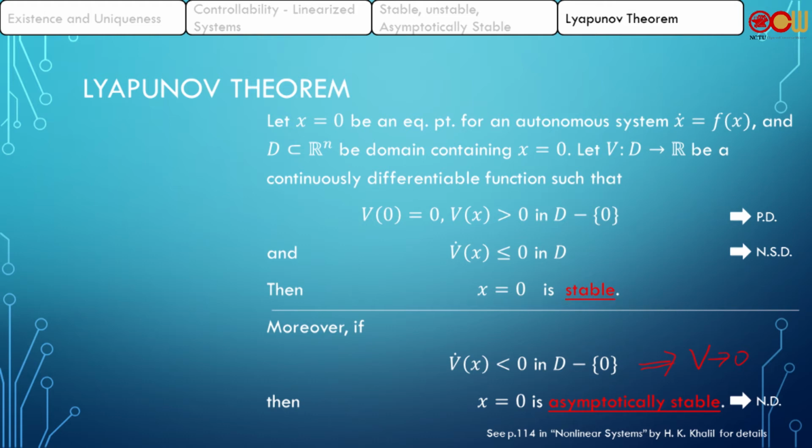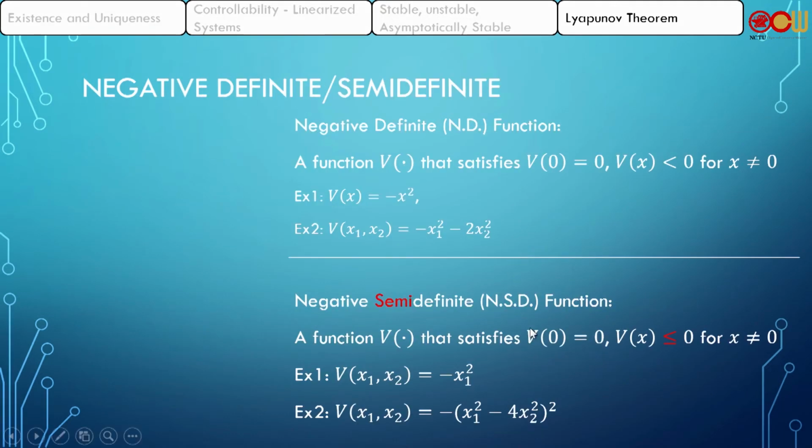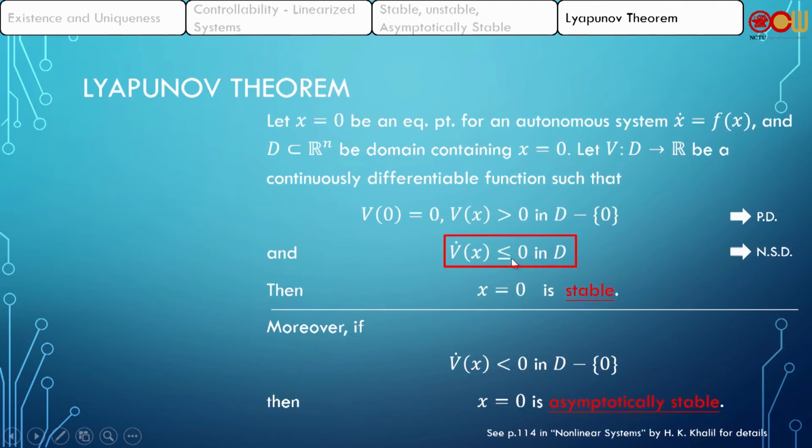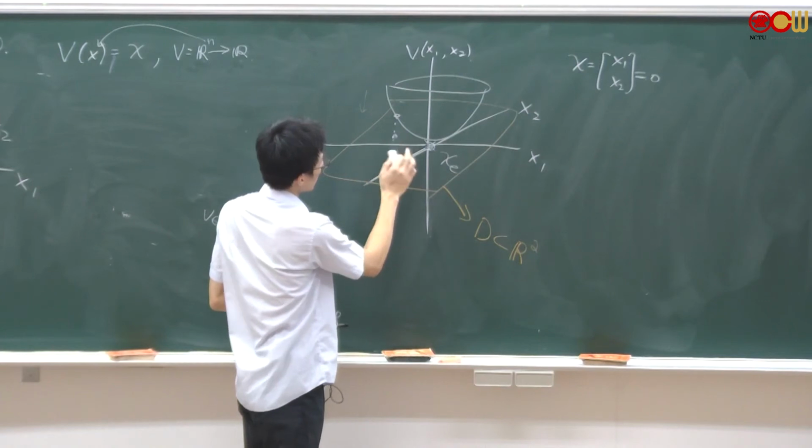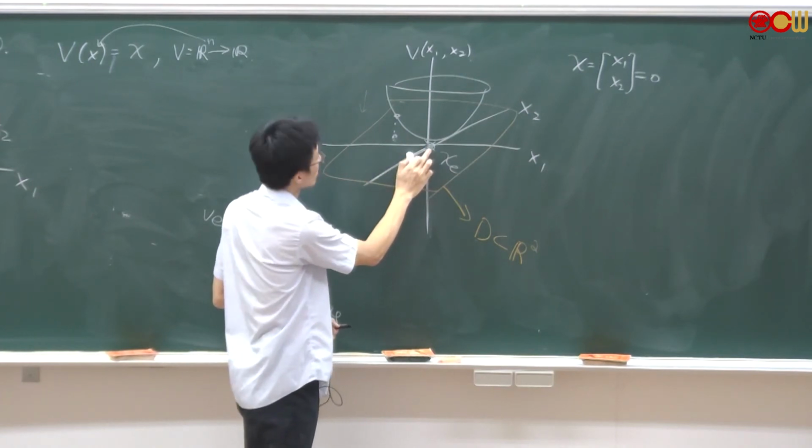Okay. So maybe let's go back a few slides for the definition of SD, which is here, right? Less than or equal. So that means given a PD function, your V dot could be equal to 0 when it's not at the origin. Say here, maybe here, which is not at the origin.